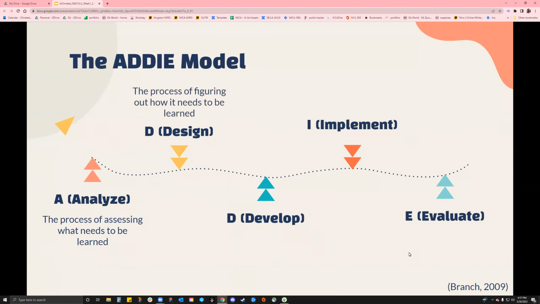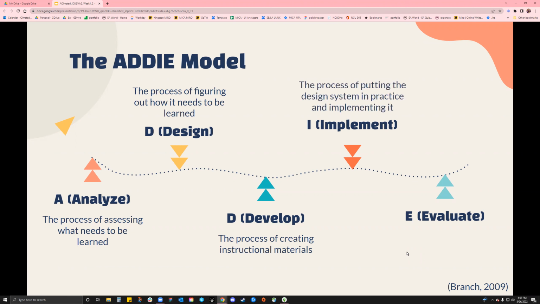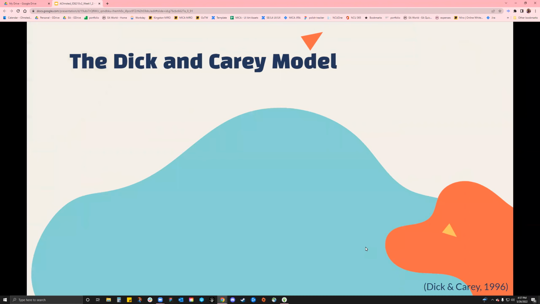Design is the process of figuring out how it needs to be learned. Develop is the process of creating the instructional materials. Implement is the process of putting the design system in practice. And finally, evaluate is the process of evaluating the effectiveness of the new system, Branch 2009.